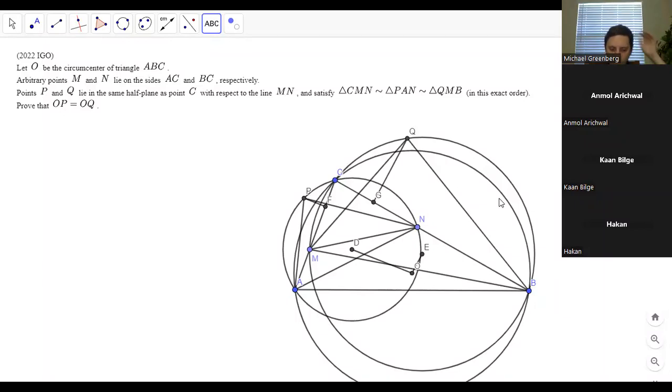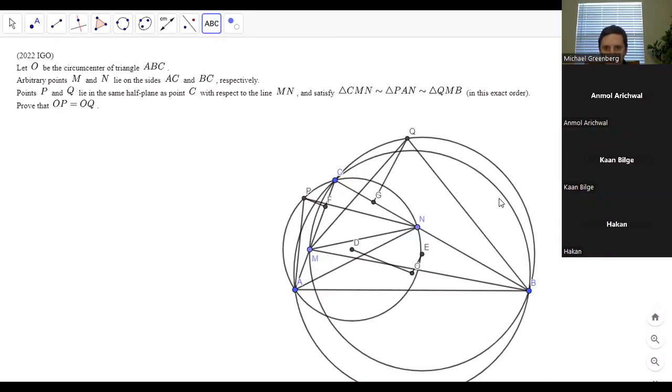And that is, so PA over QB, that's like PA over CM times CN over QB times CM over CN.